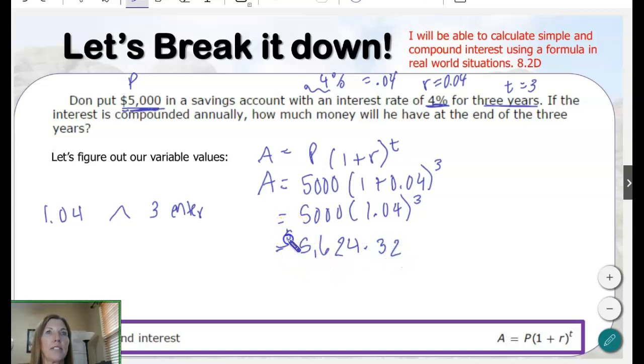And we're talking about money. So that's the total amount that he has in his account after 3 years, because he had the 5,000, and then the interest over the 3 years is actually $624.32. So this is the total amount in the account.